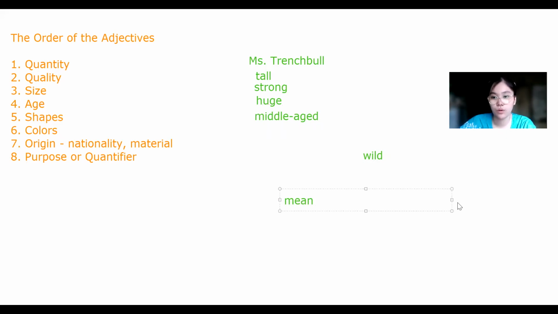So we will have them at the end. And now there we go. A tall, strong, huge, middle-aged, mean, wild woman: Miss Trunchbull. Okay, yes, well done, class.